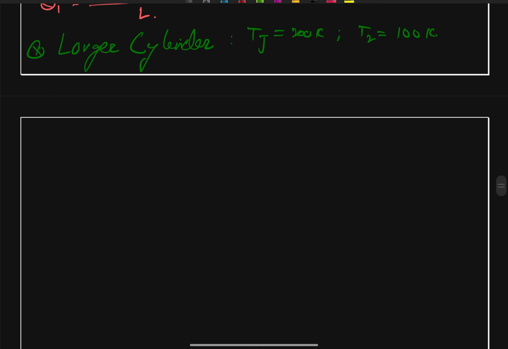Therefore we can write that our Q2 is equal to, sorry about this background noise, K2 A2 delta T2 upon L, and this A2 is our 4 pi r1 square, and this will be 200 minus 100, which is 100, divided by L.